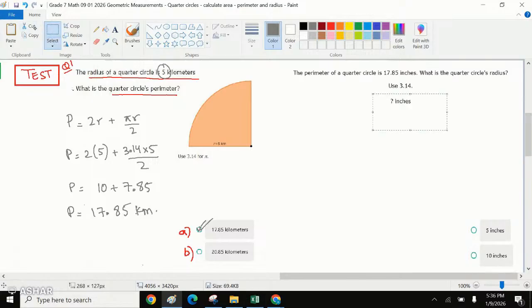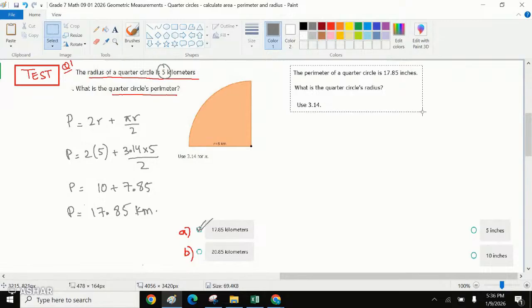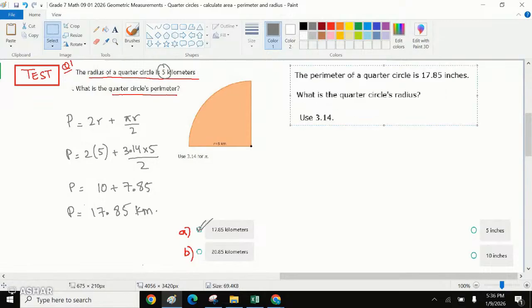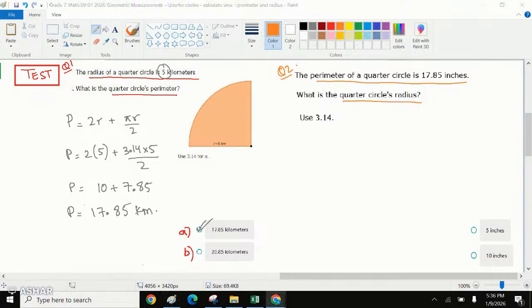I'll just realign this. The perimeter is given, and we need to find the radius of the circle. So what can be the answer? What is the radius, option A or option B?